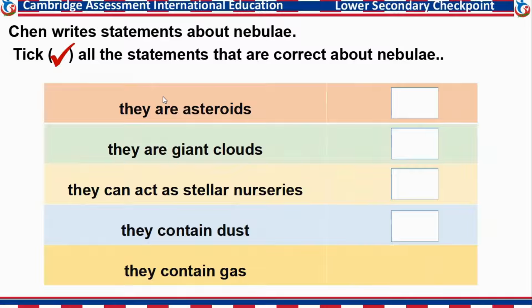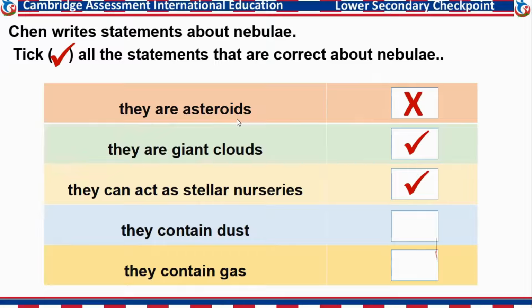They are asteroids? Nebula asteroids? Of course not. Nebula are not asteroids. Asteroids are other planetary bodies apart from the nebula. But if you say nebula are giant clouds, that is very true. Nebula are giant clouds, and they can act as stellar nurseries.